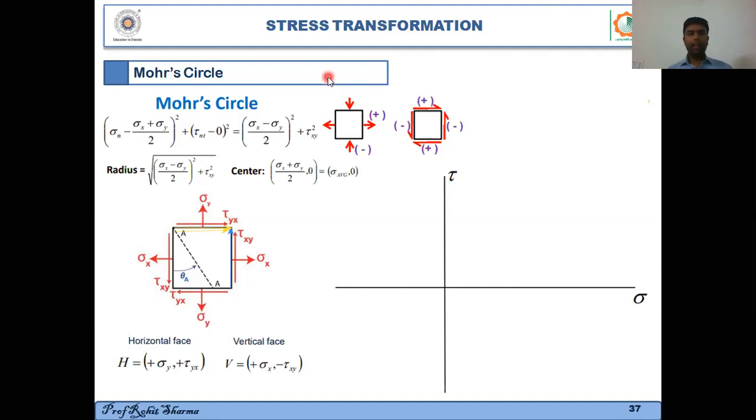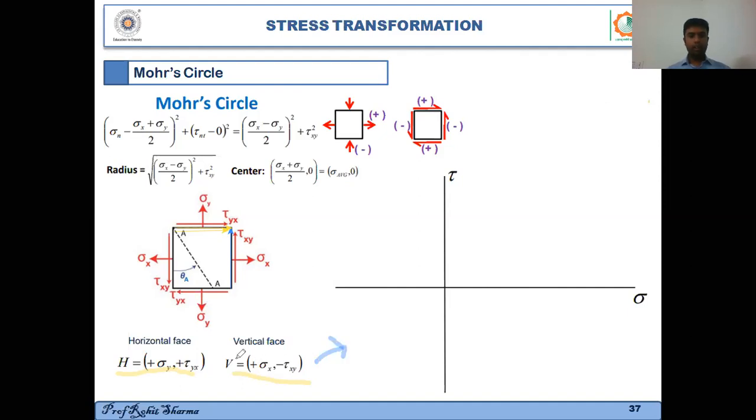So what I can do is plot these two points, this horizontal point and this vertical point, onto this diagram, right?